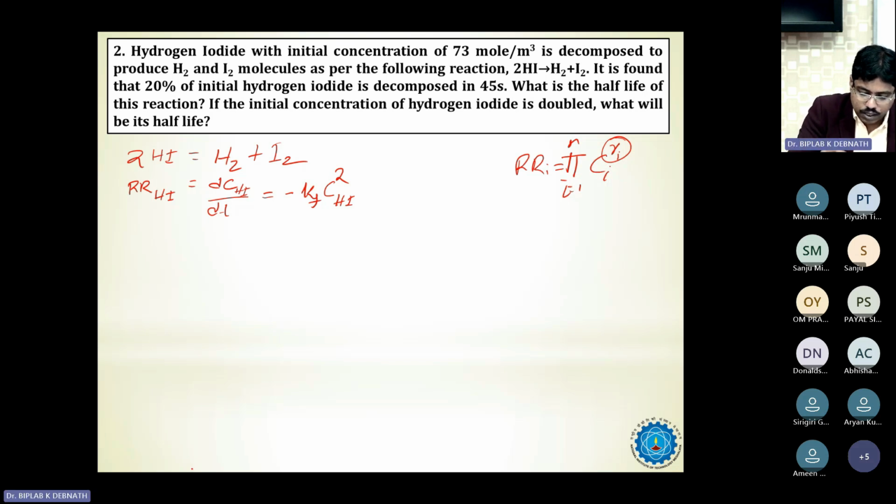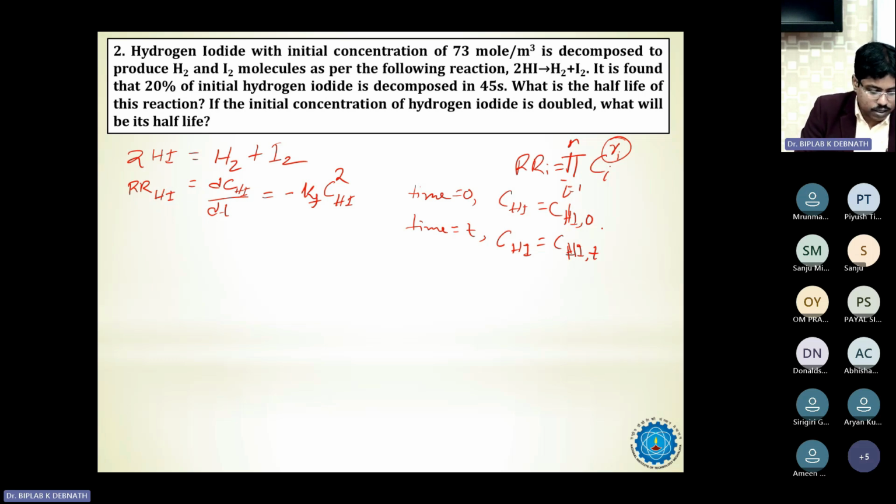So let us consider that initially when time is equal to 0, CHI is equal to CHI naught. And at time t, the quantity becomes CHI t.